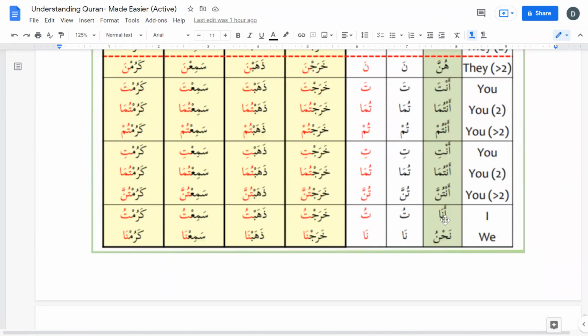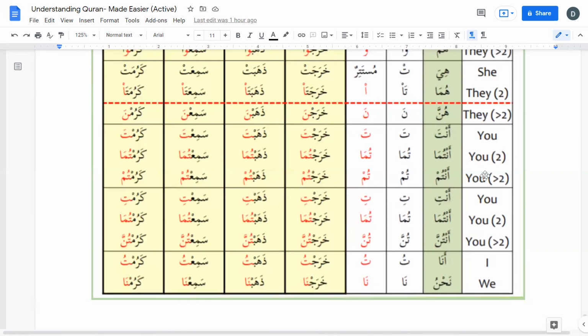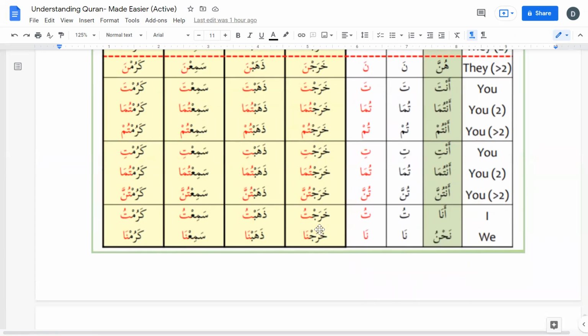For ana, it's easy for second person because anta has ta, so fe'l madi has ta at the end: kharajta. Antuma has tuma, then fe'l madi has tuma. But for the ana version, we need to remember that the attached fa'il for I is tu.